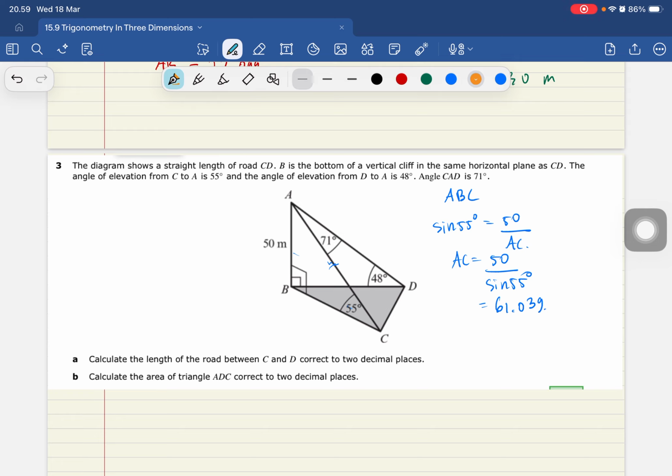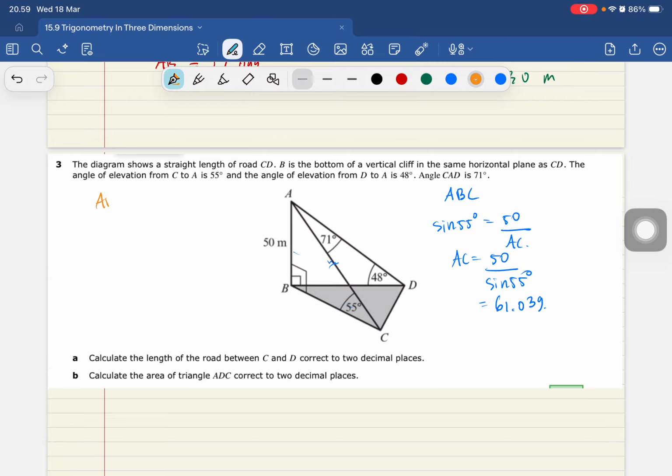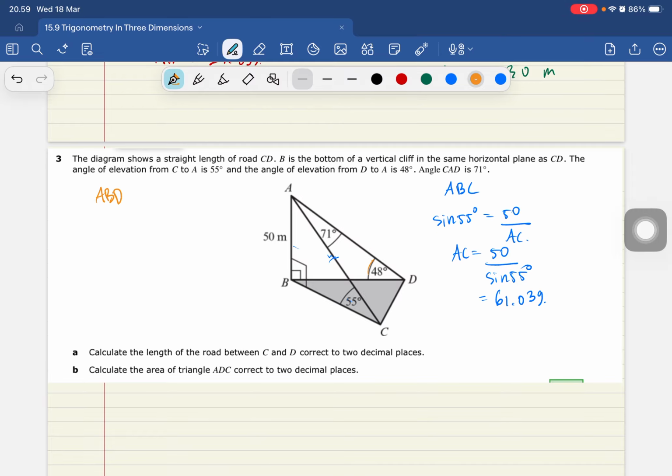Now another triangle at the back, we have ABD, with the elevation angle 48 degrees. So sin 48 degrees equals the opposite, 50, divided by AD. So AD equals 50 divided by sin 48 degrees.